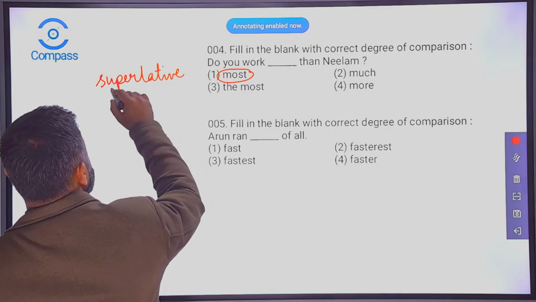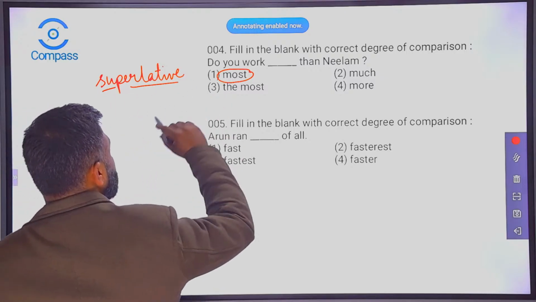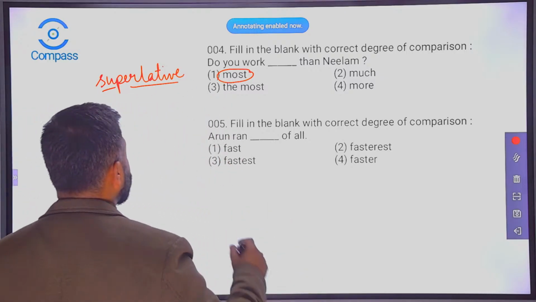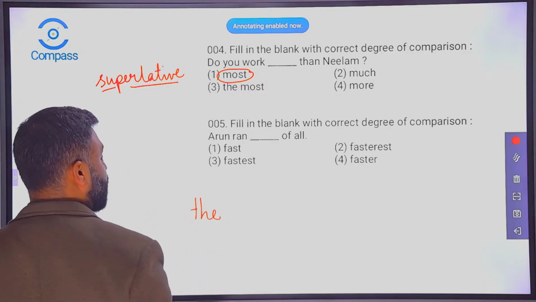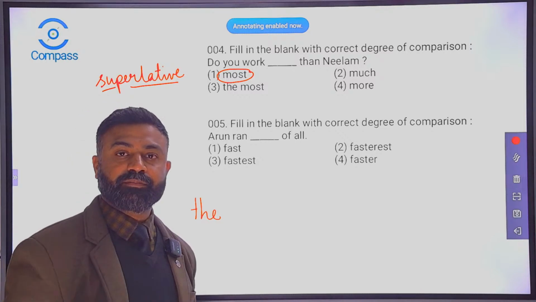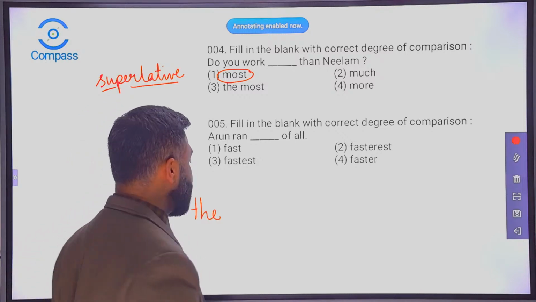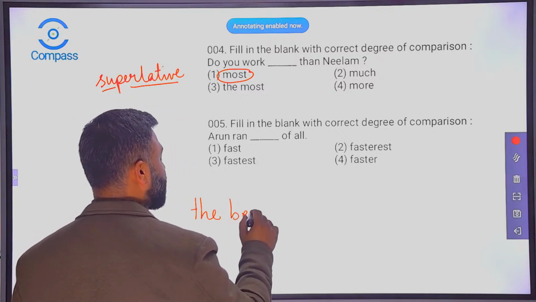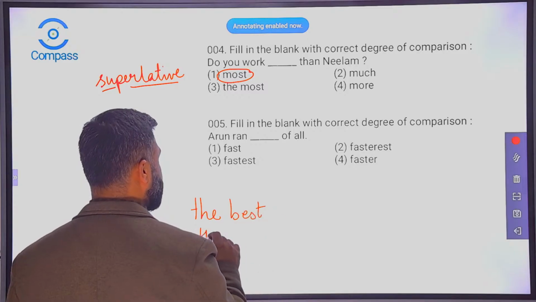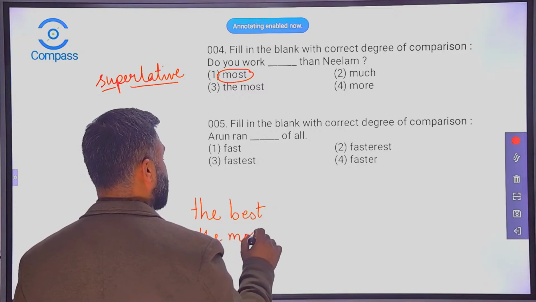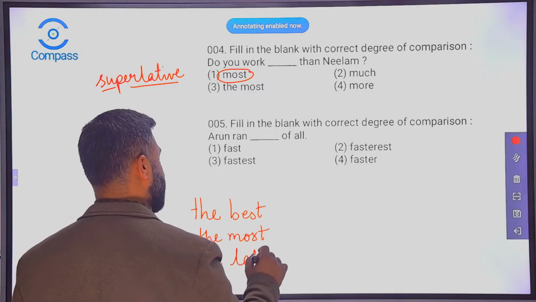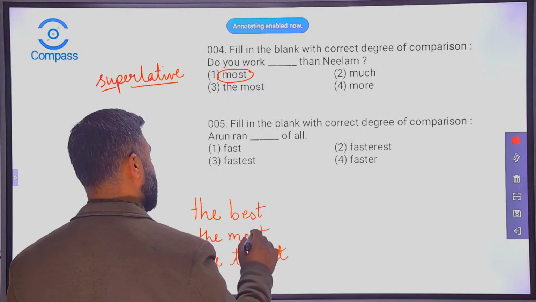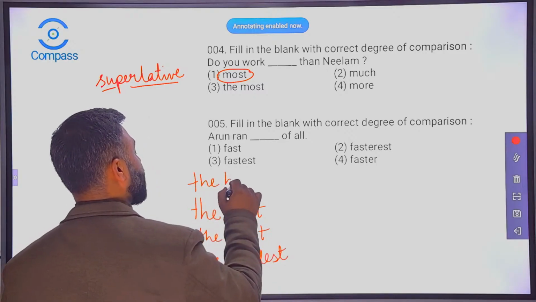One thing that is very important about superlative degree is that it always comes with the article the. The is going to be there. Okay? So it will be the best, the most, the tallest, the hardest, right?